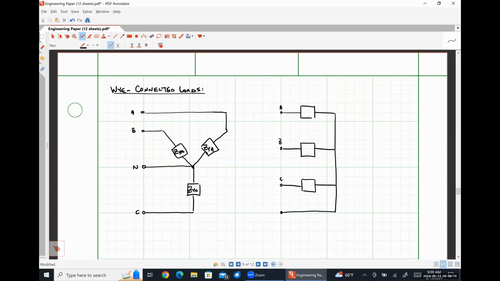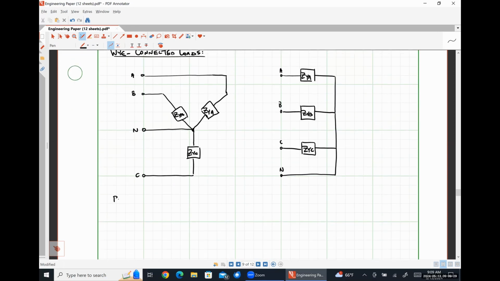So we have A, B, C, and N. Here is ZYA, ZYB, and ZYC. So I would like for one of you gentlemen to tell me what you think our phase voltages will be.